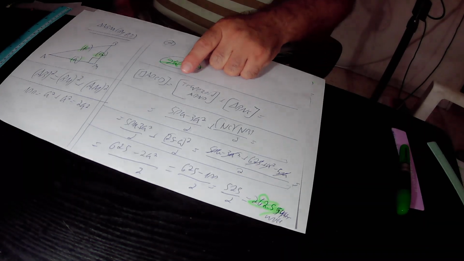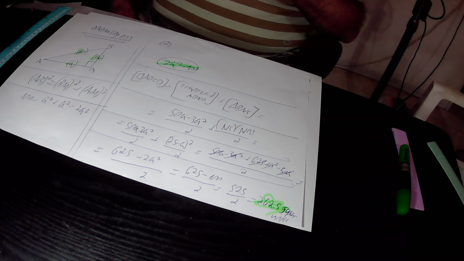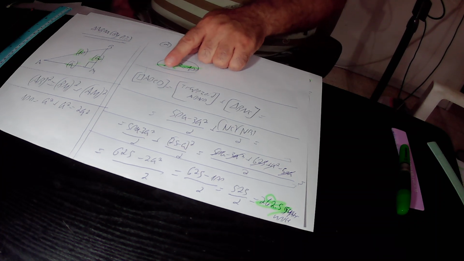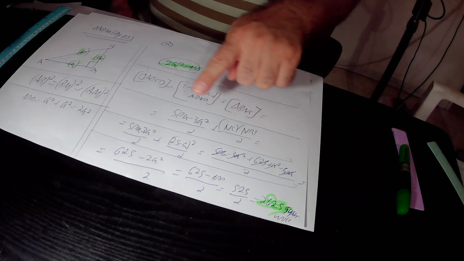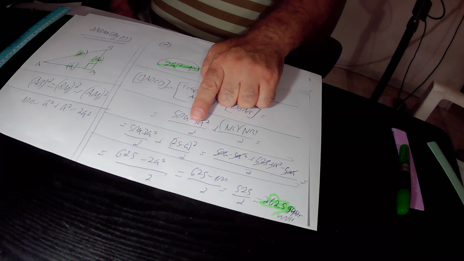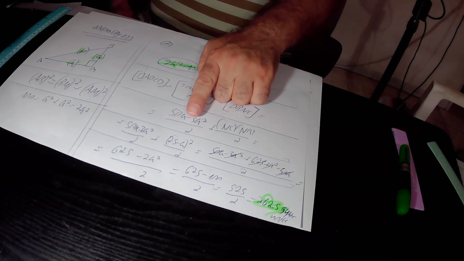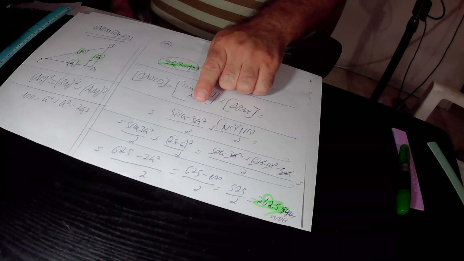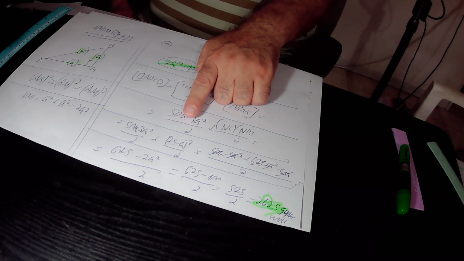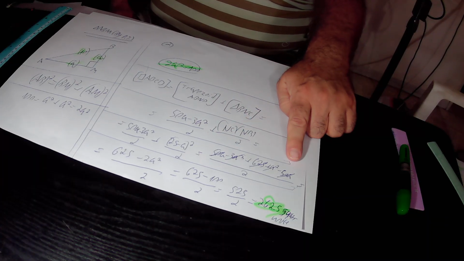So we open the brackets of this expression, and we find that in total the area of this quadrilateral ABCD equals 50A minus 3A squared over 2 plus 25 minus A squared over 2. 25 minus A squared equals 25 squared, that is 625, plus A squared, minus 2 times 25 times A, that is minus 50A. 50A minus 50A is 0.